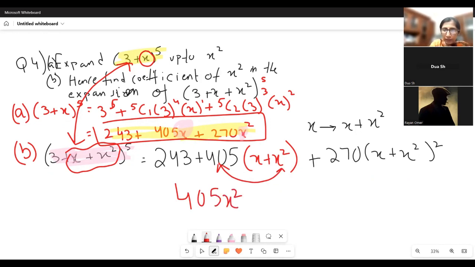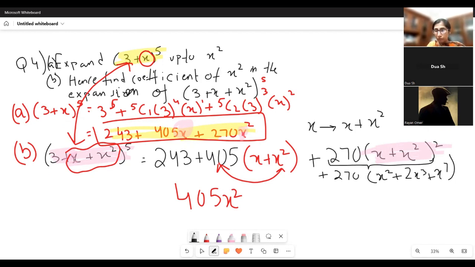Besides that, we're going to get an x squared term by expanding this. When you expand this, you get 270. And when you expand this, you get a squared plus 2ab plus b squared. So it's x squared plus 2 times a times b, so 2 times x times x squared, which is 2x cubed. And then b squared, so x squared whole squared is x power 4.